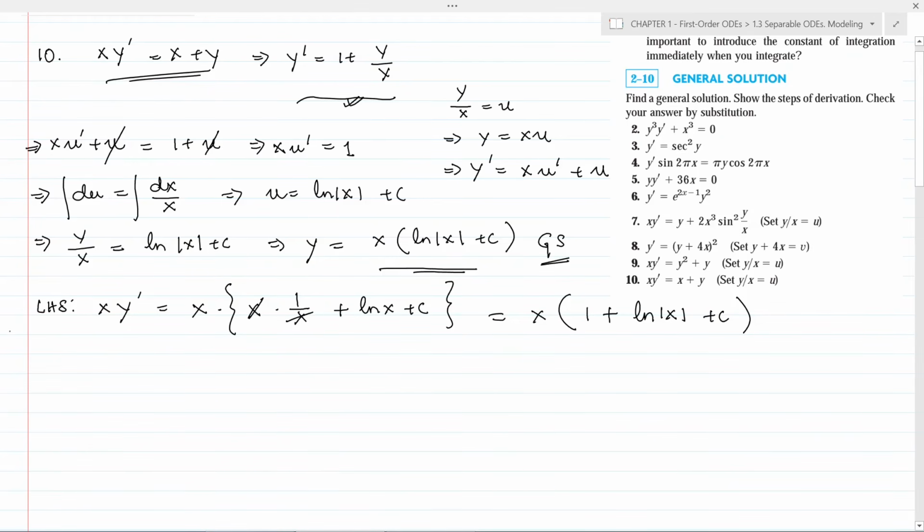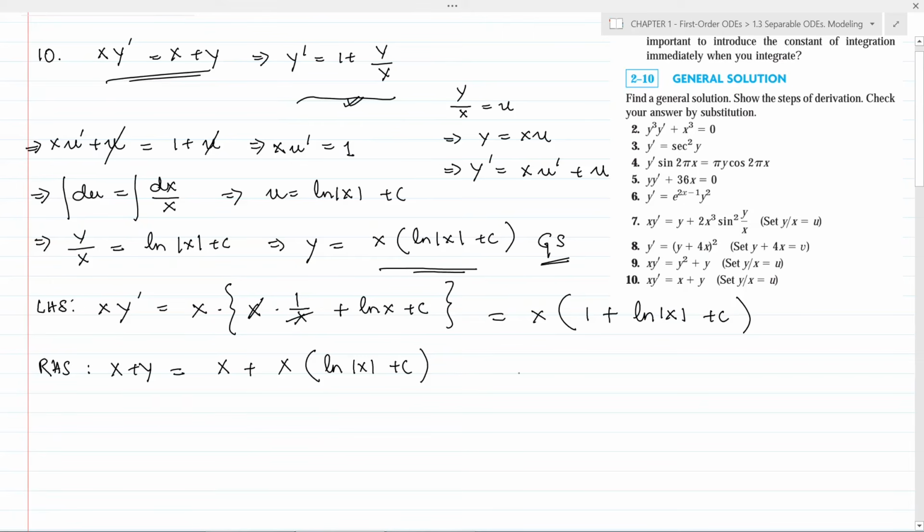The right hand side is x plus y. From the general solution we can write x times (ln x plus c).